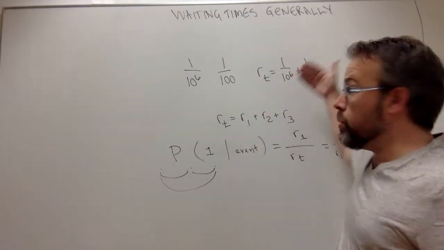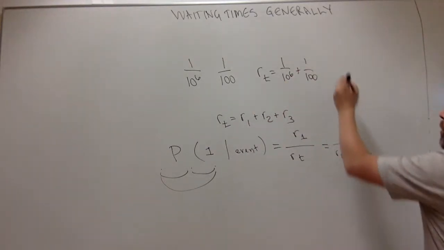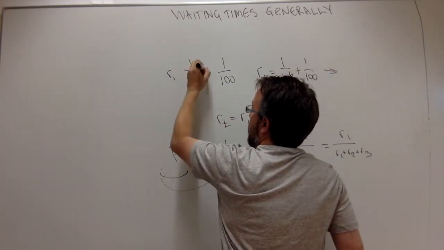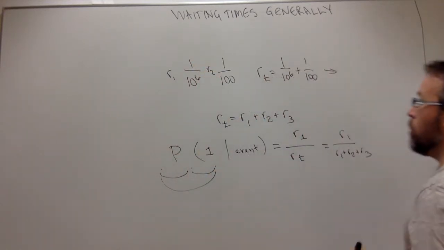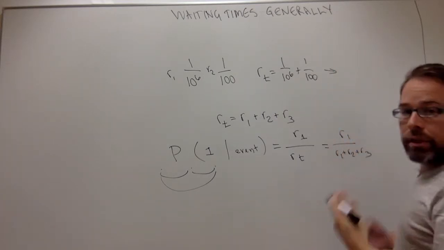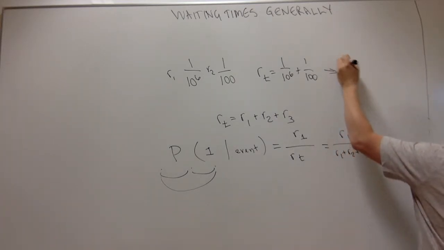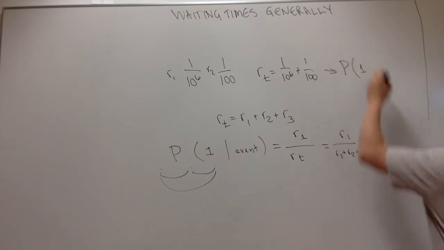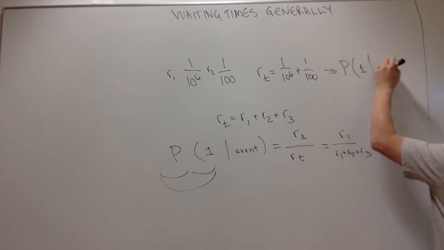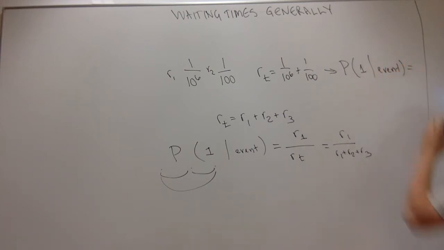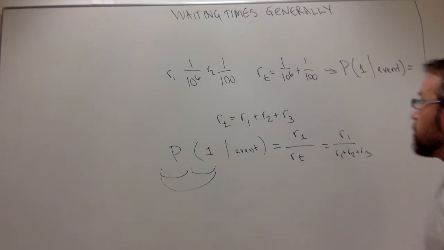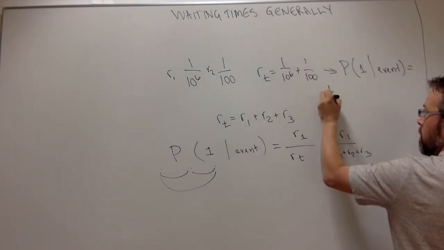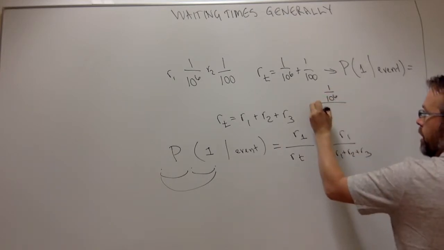Okay, so let's do this for our lottery example. We're going to call this one R1, and this one R2. Then the probability that it's the big one, given that an event happens, given that one of your tickets wins, is going to be equal to R1 divided by the sum of the rates.